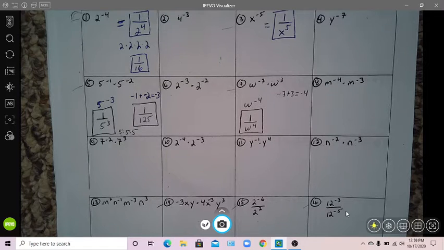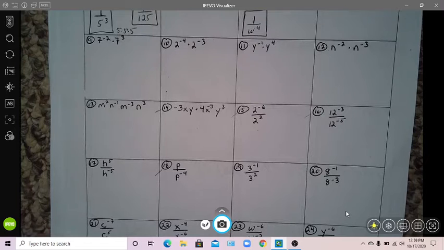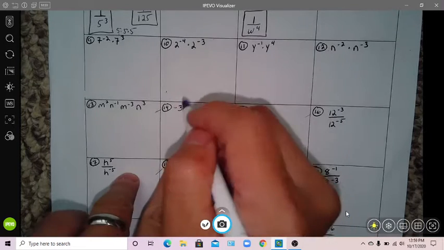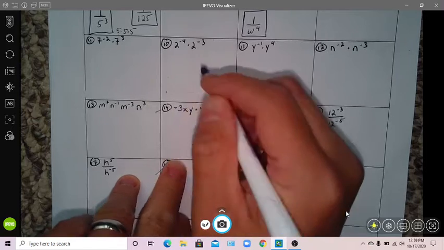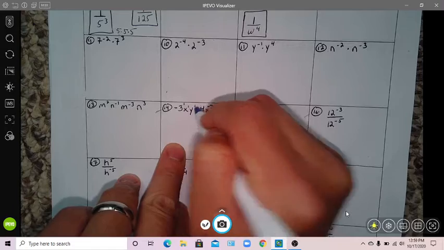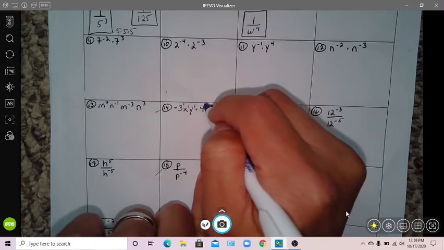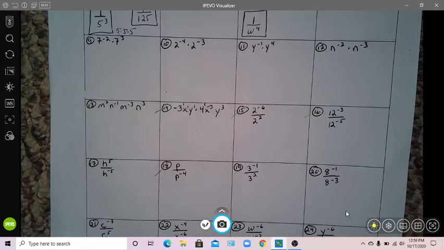Alright, so I'm going to jump down here to number 14. Let's look for any term that doesn't have an exponent and write an exponent of 1 on it. Here I have this negative 3, it doesn't have an exponent, I'll write a 1 exponent. This x also has a 1 exponent, so does this y, and this 4 has a 1 exponent on it.